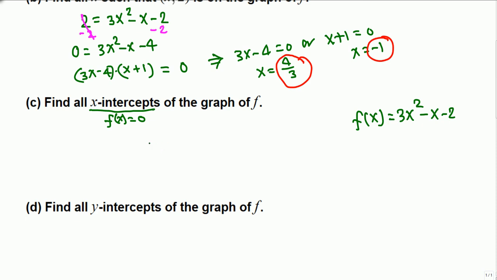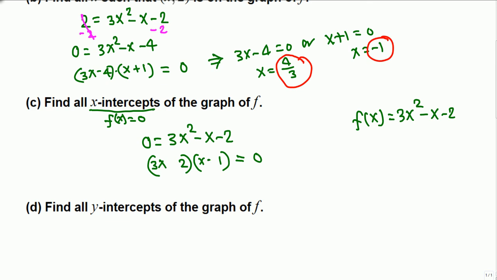So set y equals 0, where y means f(x), and solve for x. Okay, so we have 0 equals 3x squared minus x minus 2. Again we get a quadratic equation we need to solve. So equals 0, I want to write on the right side. Let's factor: 3x squared, 3x and x, and 2 and 1.